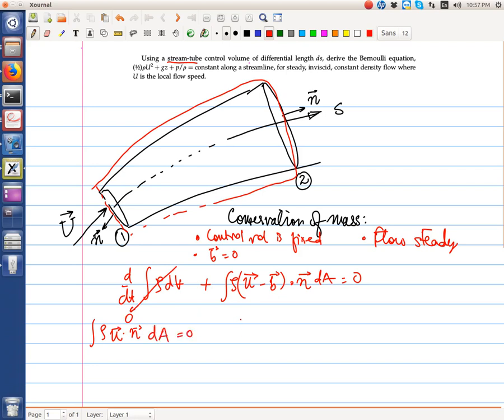So this is essentially giving us, so velocity here is going to be u at s plus delta s. The area here is going to be the area at s plus delta s. This whole length is ds.